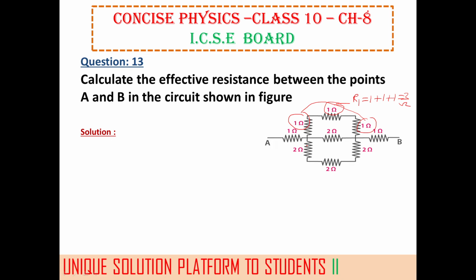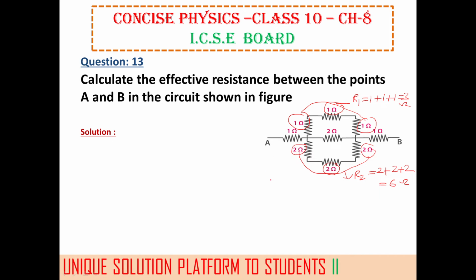Again these 2 ohms and 2 ohms are in series. So if I combine this with the equivalent resistance, if it is R2, this will be 2 plus 2 plus 2, it will be 6 ohm.